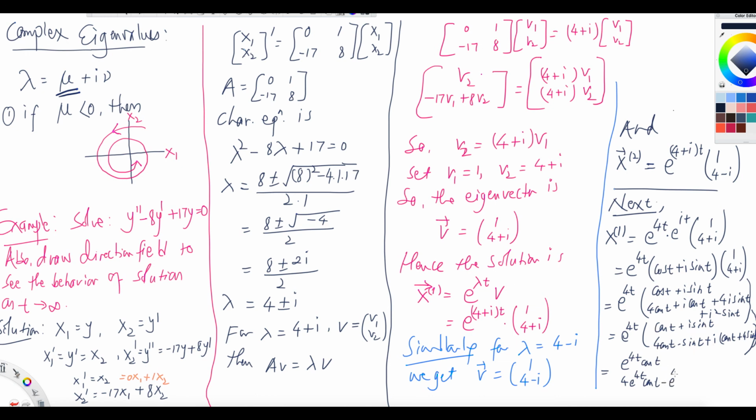Minus e to the 4t sine t is one matrix, and then plus i times the second matrix: e to the 4t sine t, and then e to the 4t cosine t plus 4 e to the 4t sine t. That is the second matrix you get. So it is in the form of u plus iw.